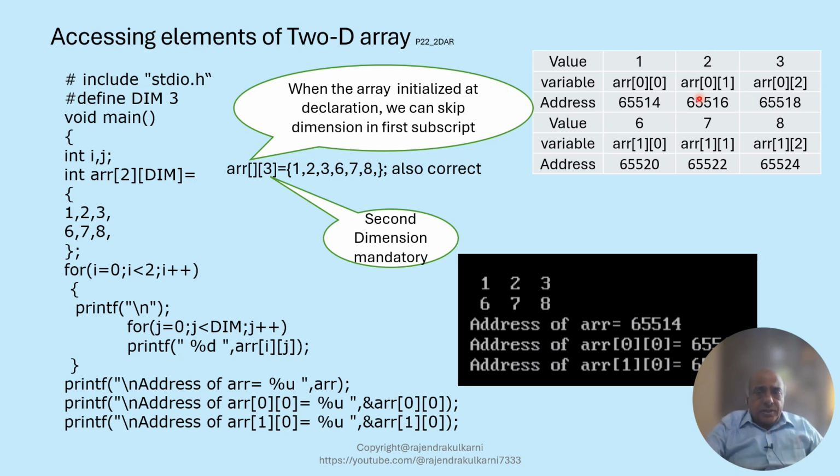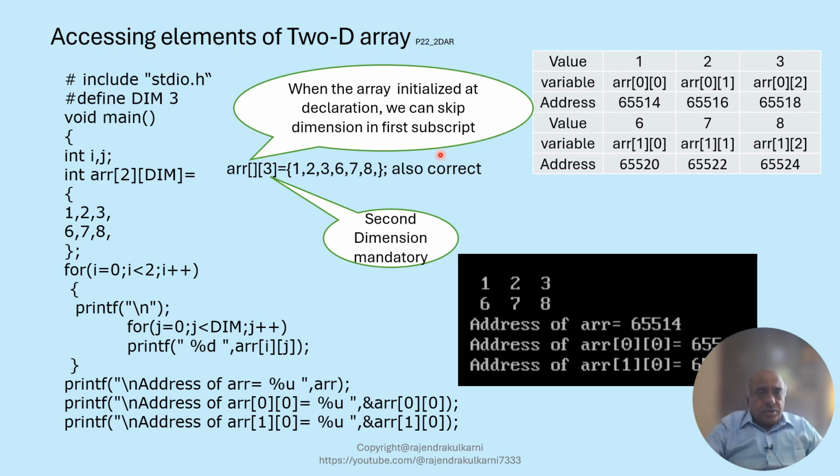Variable ARR[0][0] having an address 65514 contains value 1. ARR[0][1] is located in the memory at 65516 with value 2. ARR[0][2] is located at 65518, value 3.